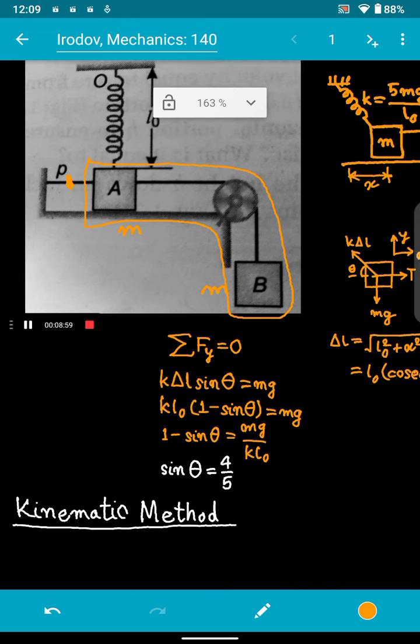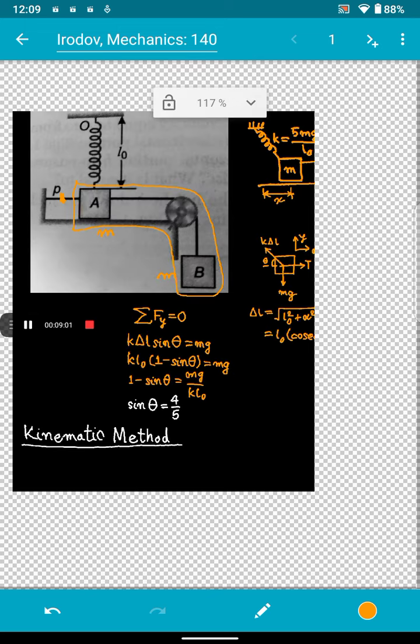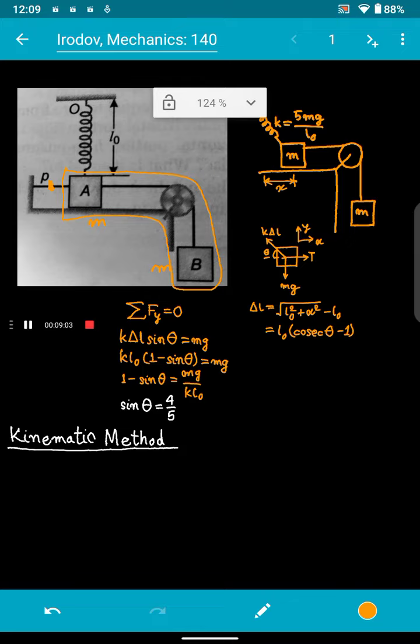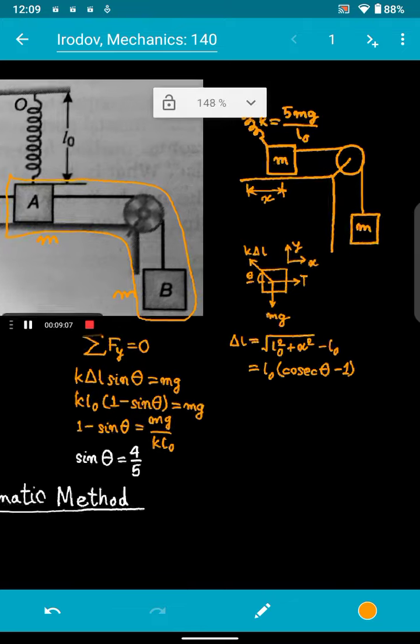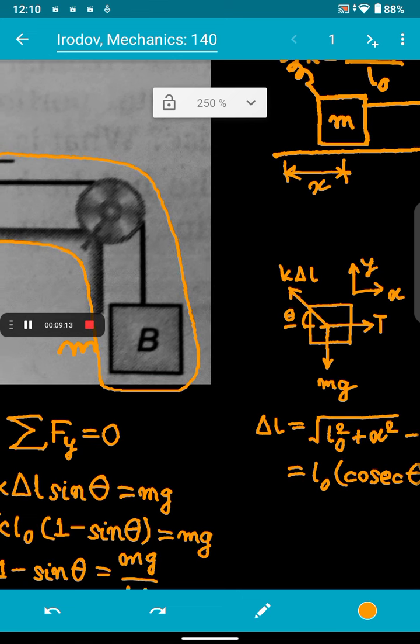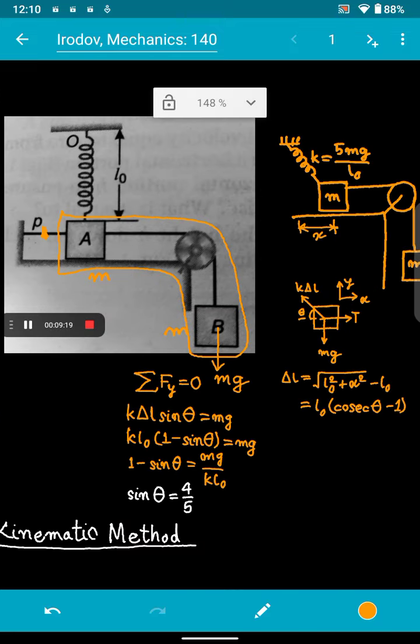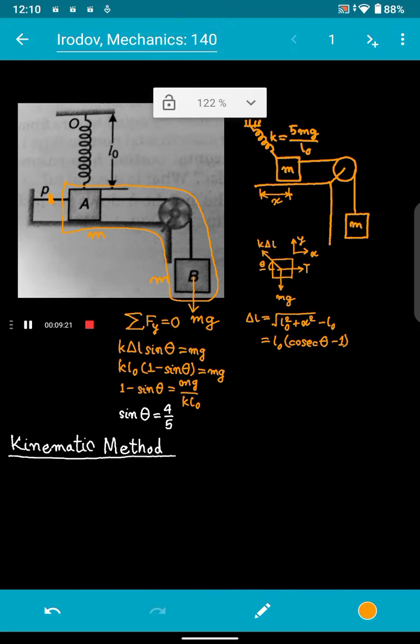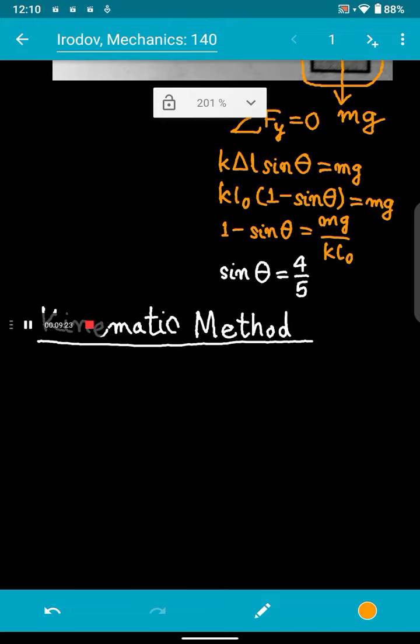So there are internal forces, of course there are, but in this method we will treat this as a system, and for this block we have gravity acting like this. This is mg, and now let's solve this.